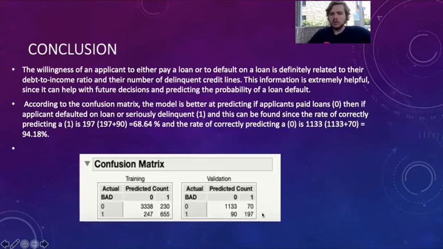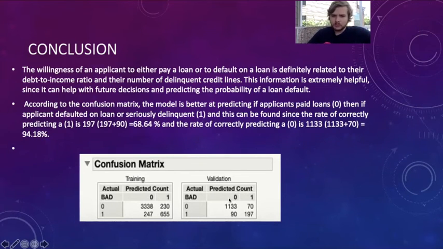So let's look again at the percentages. I just want to make sure that you guys understand this because this is extremely important. So again, where did I take the 68.64% and the 95.18%? When the model is predicting if applicants paid a loan, we are looking at the 0 portion of the confusion matrix.